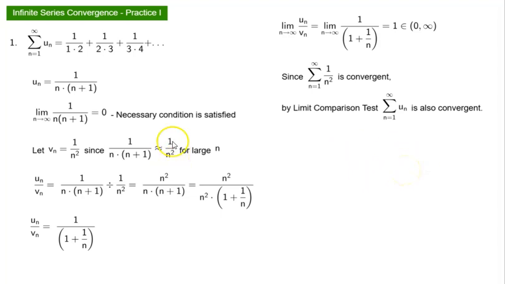And here 1 by n square, v sub n, is a p series where p is greater than 1. So that means 1 by n square is convergent. That means u sub n is also convergent.